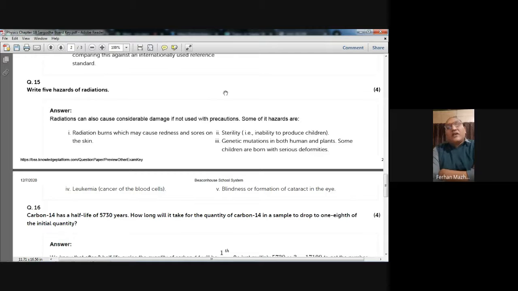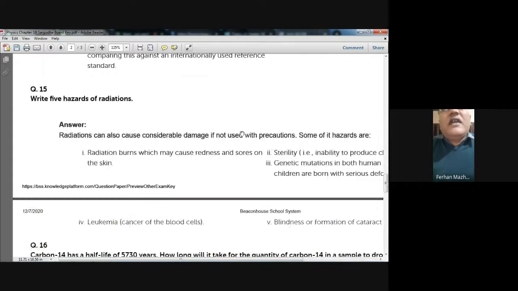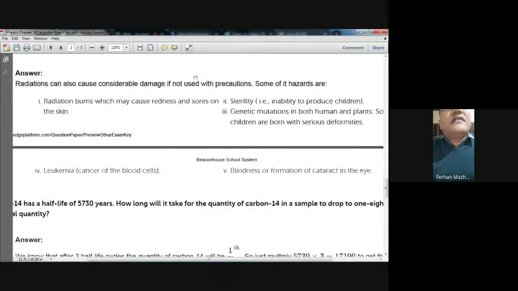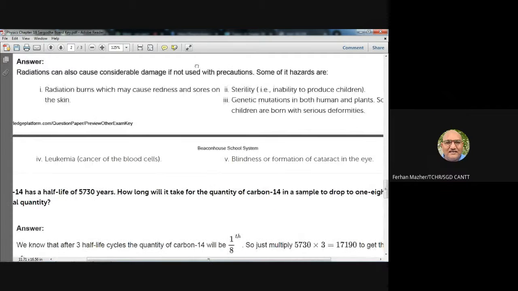And if your exposure is more than the specified limit, then you will get a lot of diseases, or you might get radioactive burns, or your cells might mutate. Here the answer is coming. The source is knowledge platform.